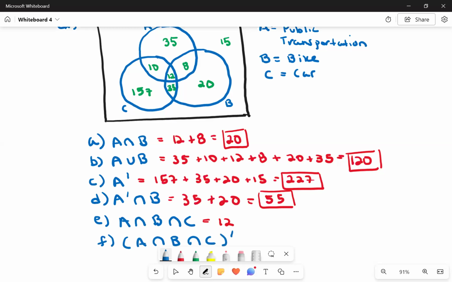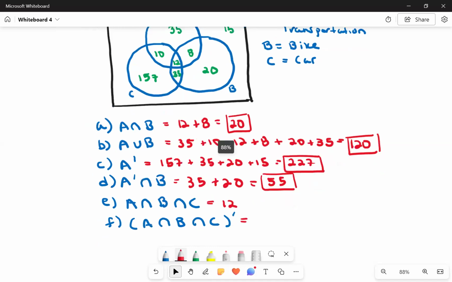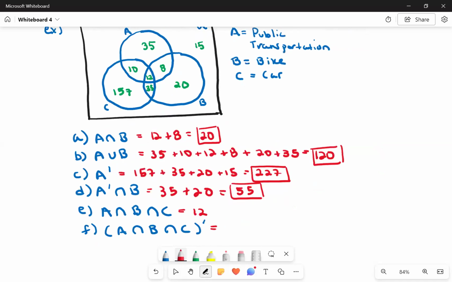Nice. Okay, so part F is A intersect B intersect C complement. So we want everything that isn't what they have in common, that one intersection. So basically everything outside of 12. Unfortunately, I have to keep zooming out to make this work. I'm sorry. So that is 157, 35, 20, 10, 8, 35, and 15.